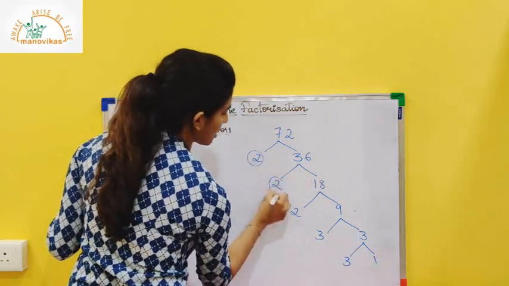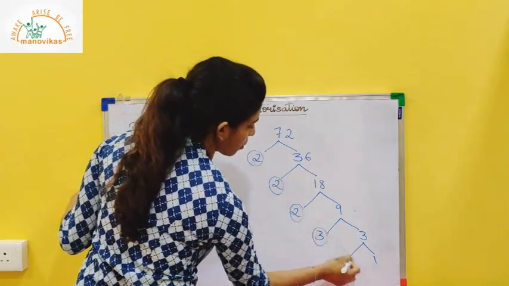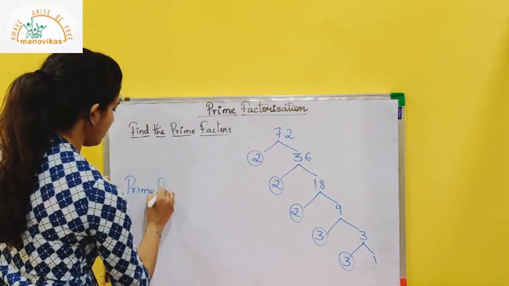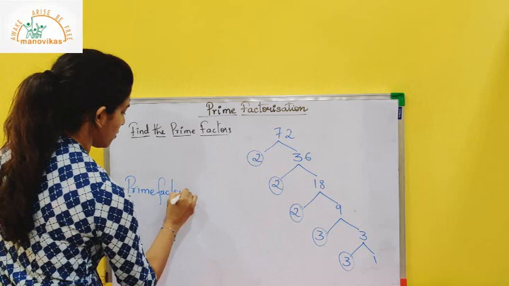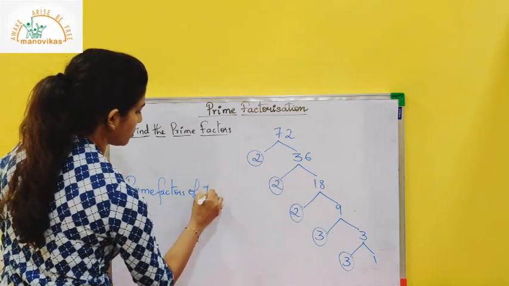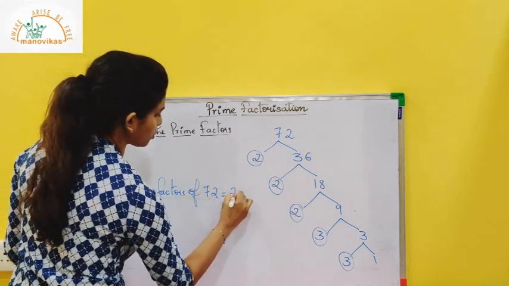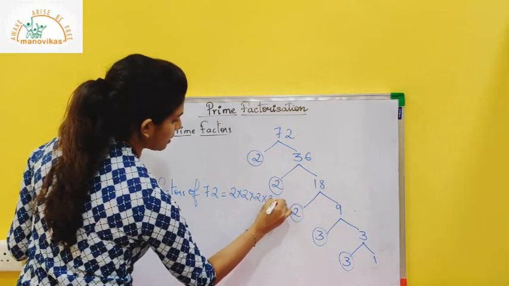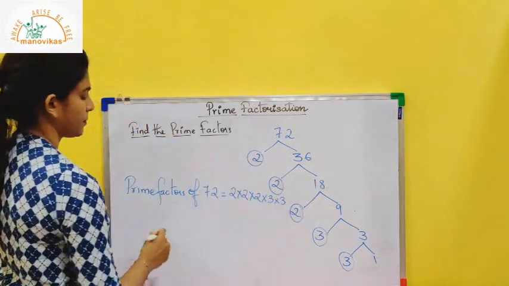So all these are the prime factors of 72. So I write here prime factors of 72 is equal to 2 multiplied by 2 multiplied by 2 multiplied by 3 multiplied by 3.